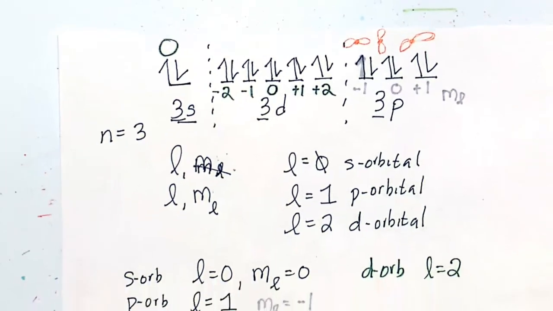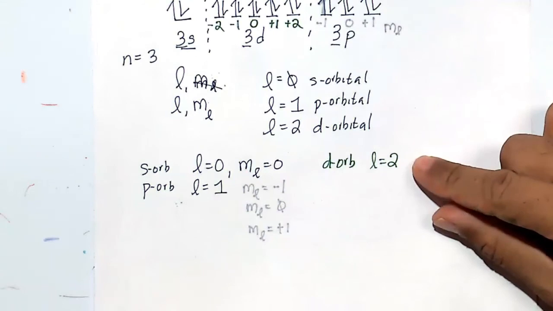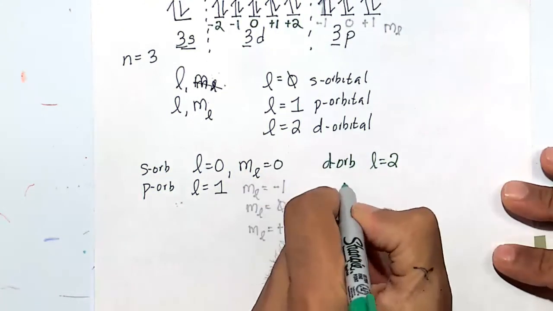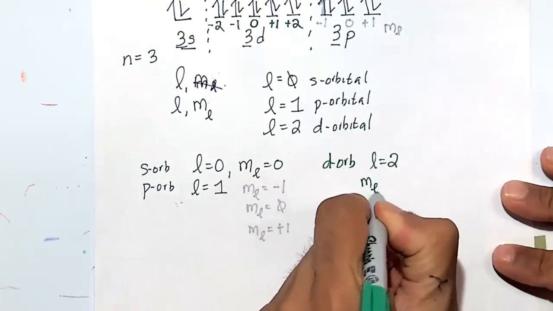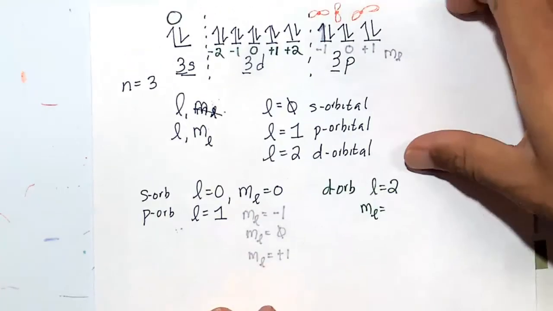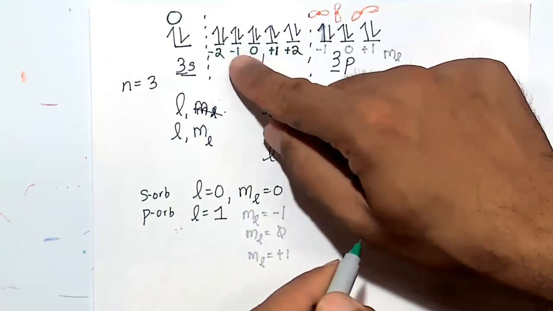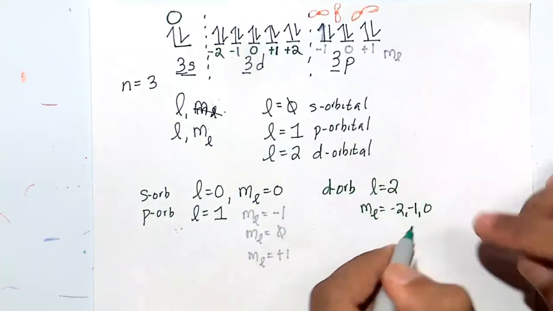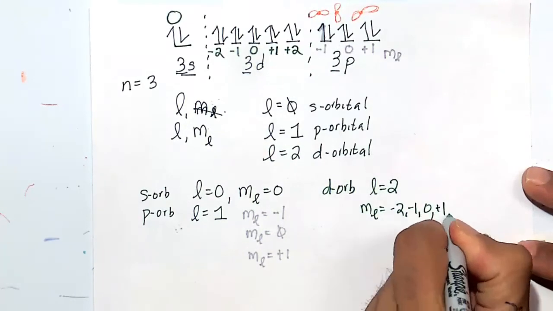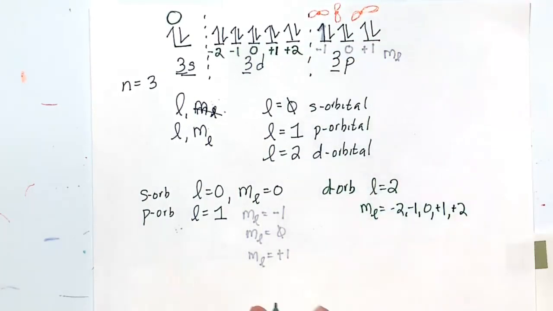So for the d orbital, the angular momentum quantum number, the second quantum number, is always going to be 2, but your m sub L can take on anywhere from -2, spin up or spin down, -1, spin up or spin down, 0, spin up or spin down, +1, spin up or spin down, or +2, spin up or spin down.